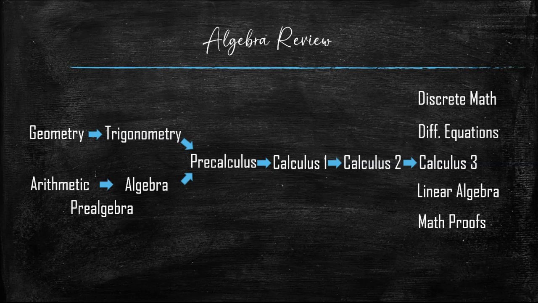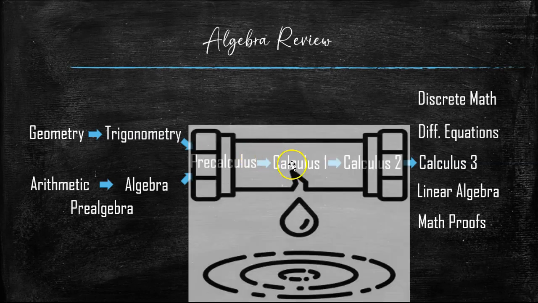So let's get started with reviewing the map of lower division math courses. And here you can see that a sequence pre-calculus, calculus 1, and calculus 2 form a pipeline from the beginning of mathematics into a variety of courses that we would call lower division math courses. And algebra sits right here, right before pre-calculus.